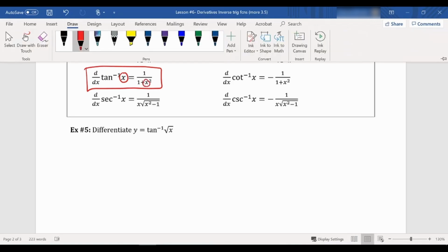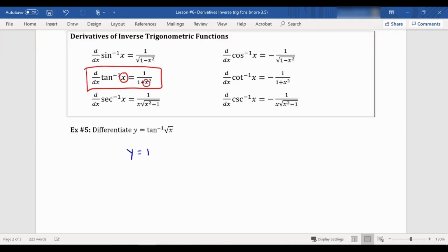So for us, what we really have is inverse tan of some function, which means y prime is going to be 1 over 1 plus that entire function squared, because instead of an x, I have an f of x.